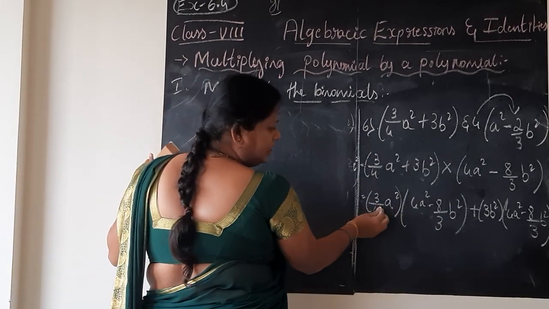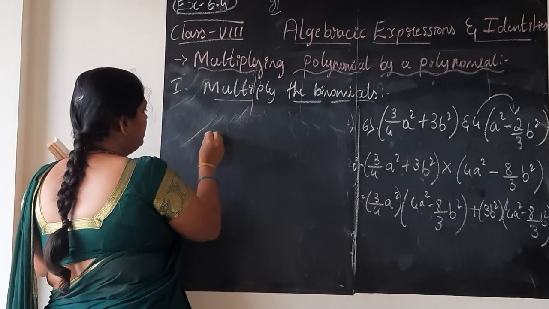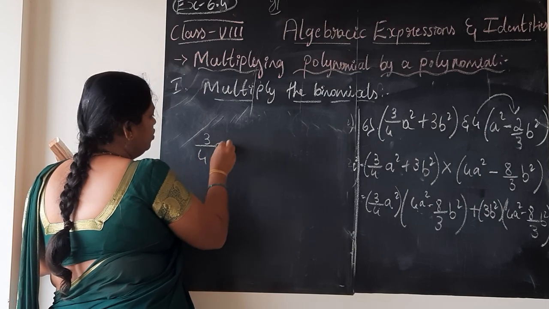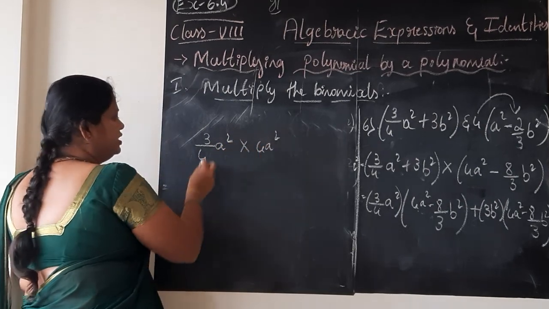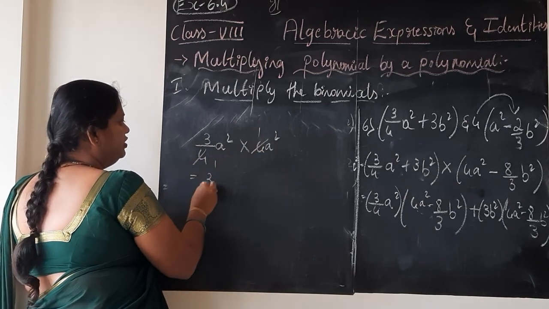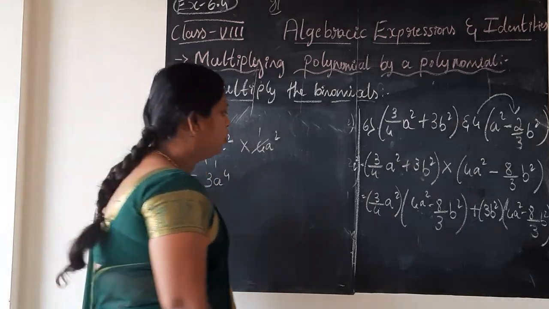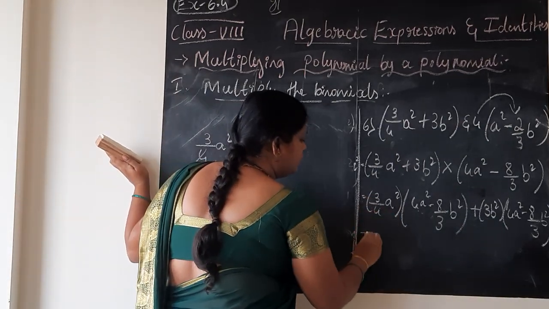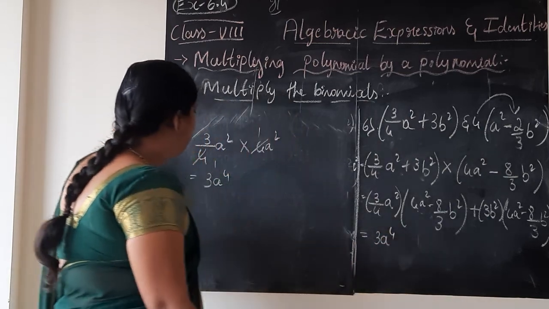Now I am multiplying the monomial into the first term of the binomial. So it is (3/4)a square into 4a square. See, 4 ones are 4 ones are, so you are left with 3. A square into a square is a to the power 4. So (3/4)a square into 4a square is 3a to the power 4.